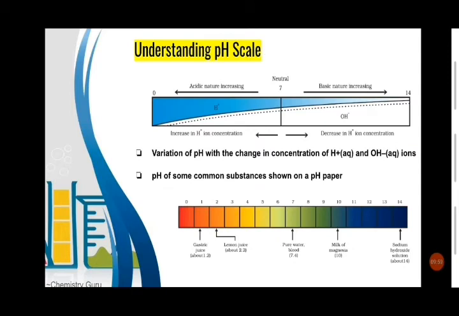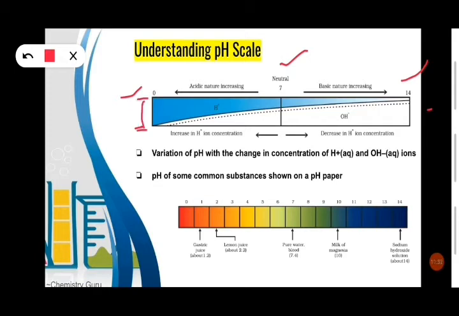Just now we have discussed that the pH scale has readings from 0 to 14, and 7 represents neutral, right? This blue region is showing H positive ions, hydrogen ions.